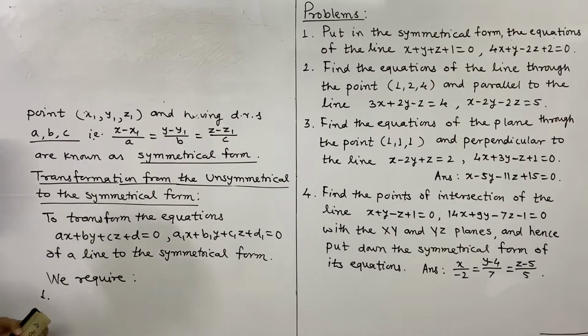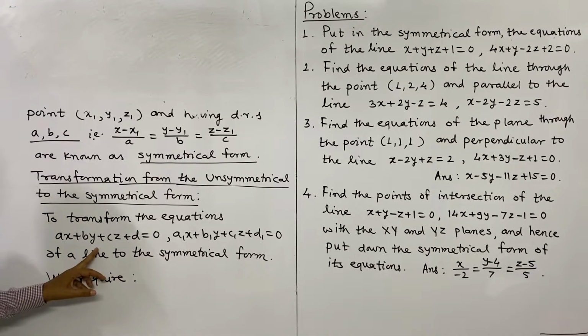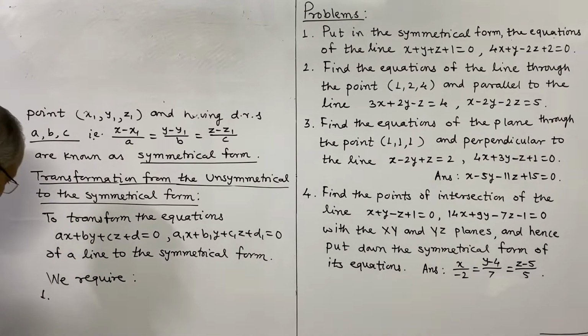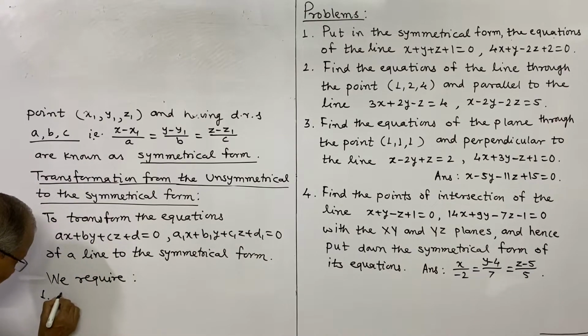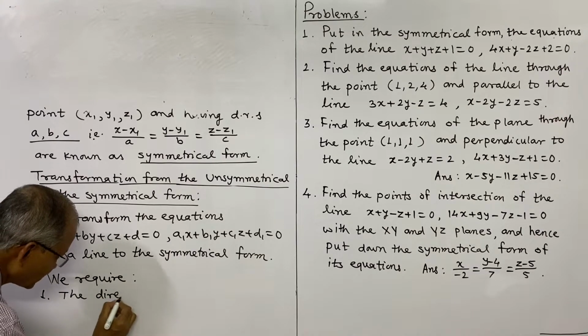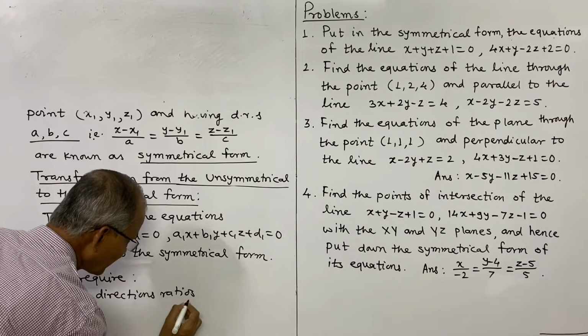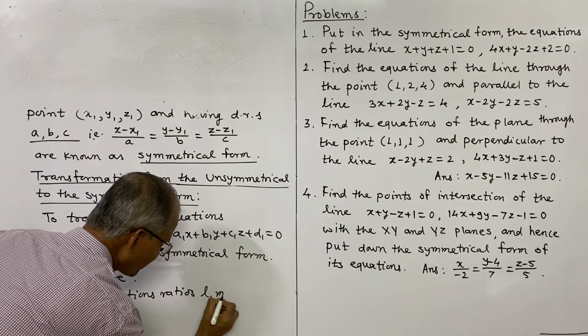Because a, b, c are used in the equation of plane, we will denote the DRs by l, m, n. We require the direction ratios l, m, n of the line.